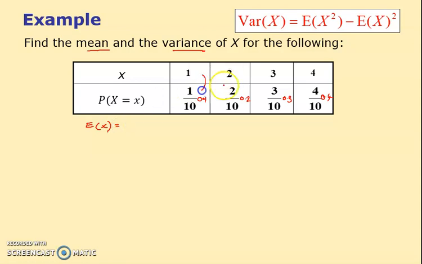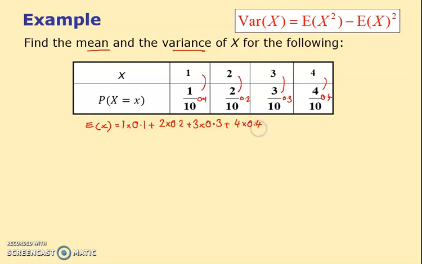And E of x is where I multiply these like this. So I do 1 times by the 0.1 plus, notice I'm adding these as I go, the 2 times by the 0.2 plus the 3 times by the 0.3. They're very nice. All of them agree with each other, don't they? Plus 4 times by 0.4.